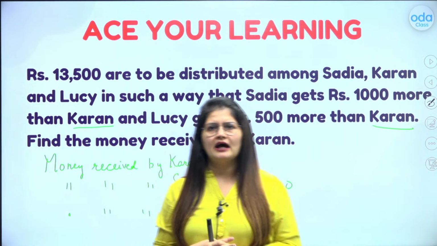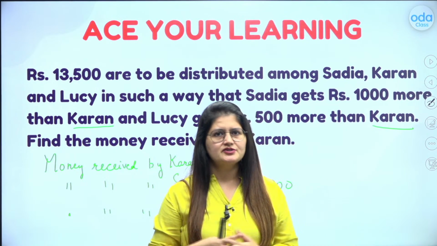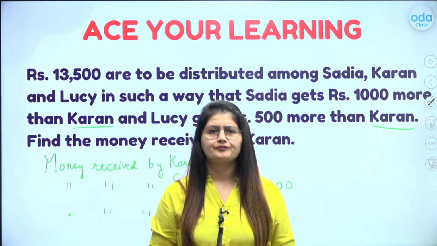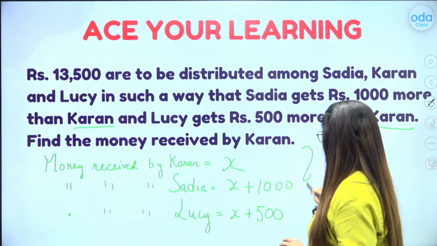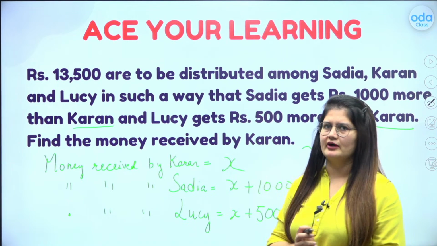Done? Now, the total money that was distributed was actually 13,500, right? So let's distribute that amount, and clearly it means that the sum of these three is equal to 13,500. So let's go ahead and form the equation here.